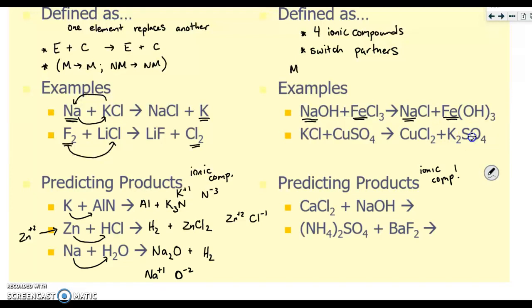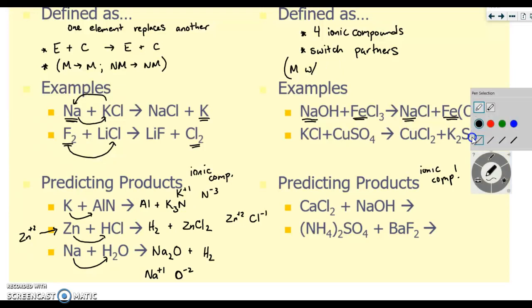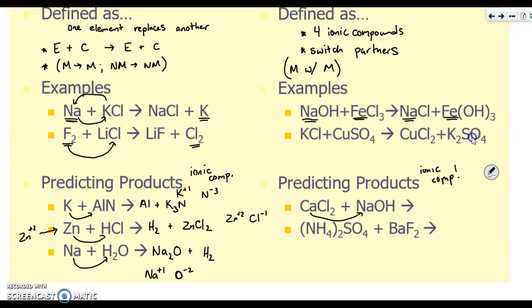What I like to do is I just like to switch the metal with the metal, because it's just easiest that way, and then I know I'm always doing it right and the way that I'm supposed to. So in our first example, which we'll do together, calcium and sodium are switching. So we're going to say, okay, calcium is now with the OHs, and Na is now with the Cl.